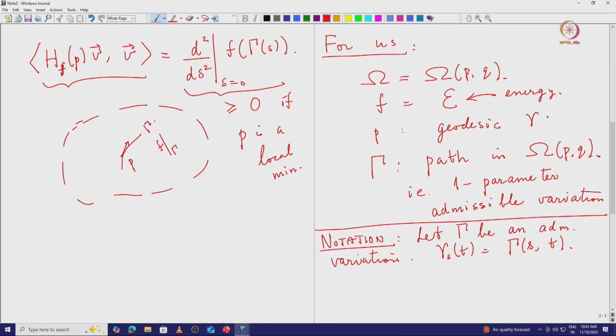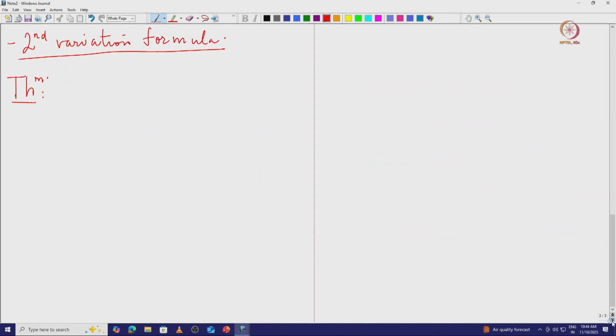Remember Gamma was defined on a rectangle like this, and I am going to denote by capital S the transverse derivatives of Gamma, and by capital T the horizontal derivatives of Gamma. These are basically just the velocity vectors of these curves gamma s of t. That is going to be my notation, capital S and capital T.